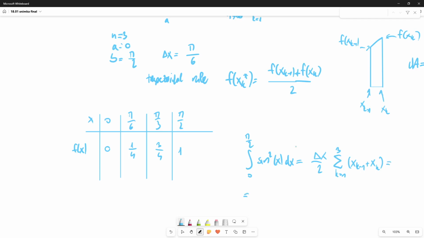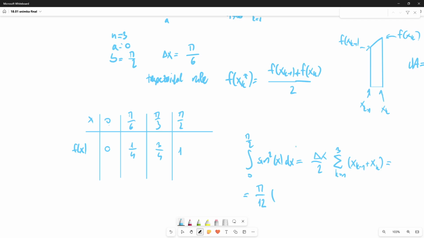In our case, as we said, delta x is pi over 6, so delta x over 2 is going to be pi over 12. And in this sum, the edge points, their function values, appear only once. So f of 0 appears only once and f of pi over 2 appears only once. But f of pi over 6 and f of pi over 3 appear twice in this expression.